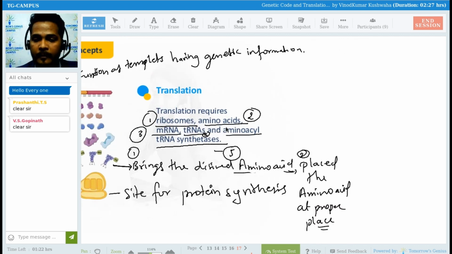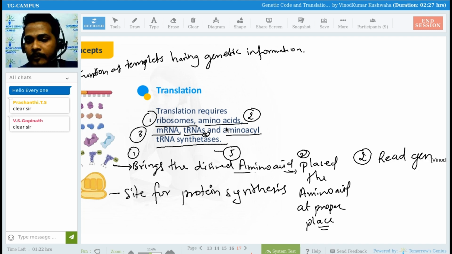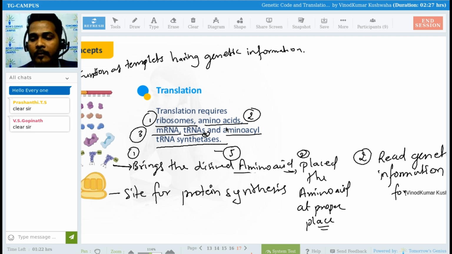Okay, I can write here the third important function by the tRNA, that is to read genetic information. So it basically reads the genetic information. That's all. So bring the desired amino acid, read the genetic information, and place the amino acid at the proper place. That is the function of tRNA.